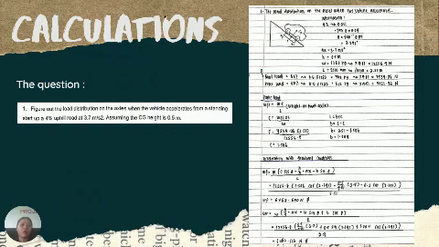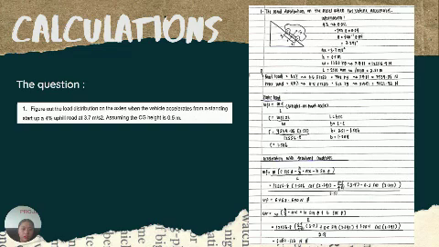So for the calculation in question 1, the question is to figure out the load distribution on the axle when the vehicle accelerates from a standing start on a 4% uphill road at 3.7 meters per second squared, assuming the CG height is 0.5 meter.